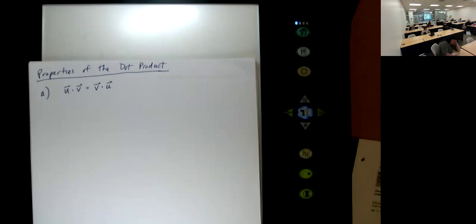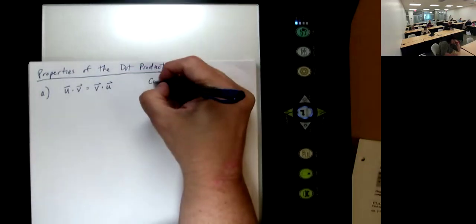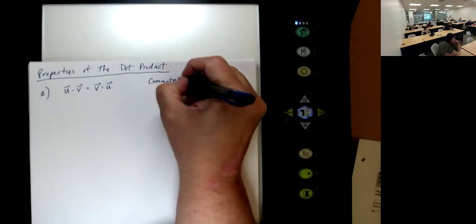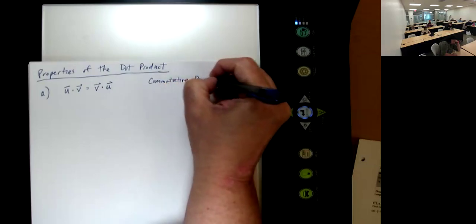You will find most of the rules that we know about arithmetic apply, if you just think of these things as multiplication. 3 times 4 is the same thing as 4 times 3. The dot product works the same way. This is called the commutative property. All the properties you know of real numbers apply.